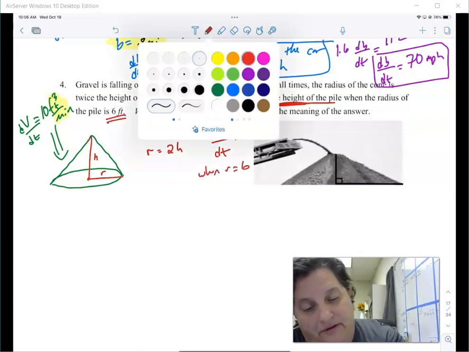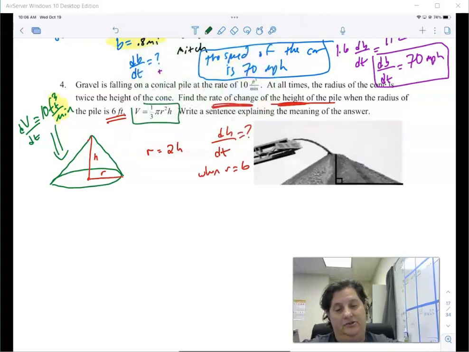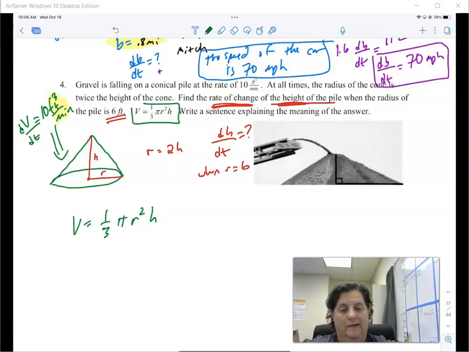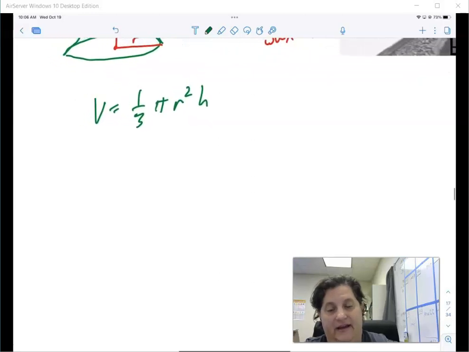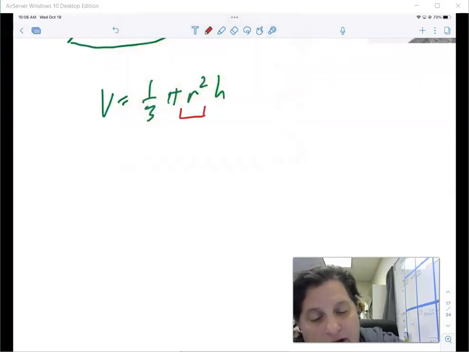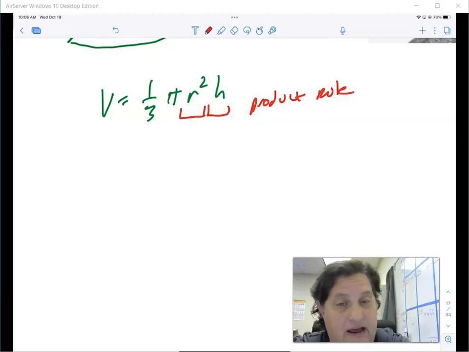And then it gives me the formula for a cone. Right? It's explaining the meaning of the answer. All right, you guys, now look. Could I take the derivative of this so that I have dV/dt and use a product rule? You certainly can. You can definitely do that.